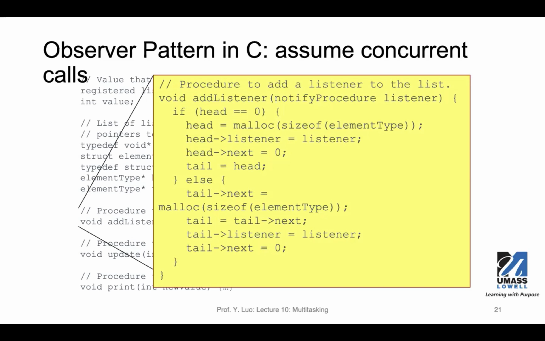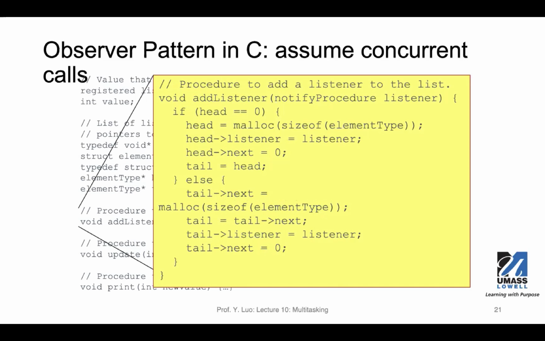When you have 2 threads, let's say thread A and B, executing, and thread A gets to this point, it does the allocation. It tries to add a new node at the tail of this linked list. So it finishes this malloc, so the tail next is pointing to the newly allocated node.